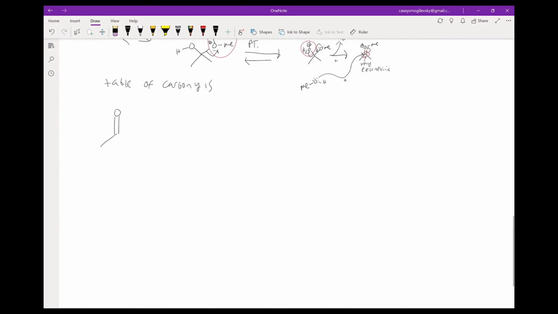So we have, this is an aldehyde. And these R groups are R equals carbon something. Okay, so this is a ketone. Many of you might be familiar with this.